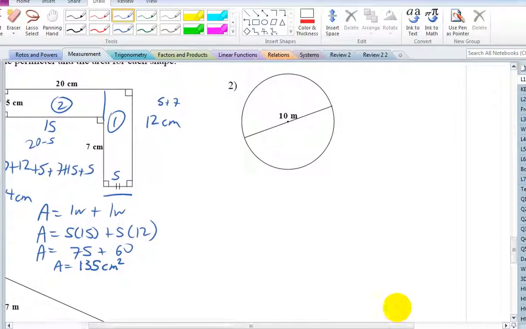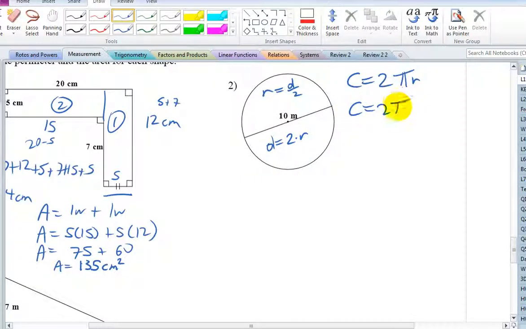Okay. So, next, circumference equals 2 times pi times r. Remember, r equals diameter divided by 2, and the diameter equals 2 times the radius. Okay, those are 2 that you need to know sometimes. I'd write them down there. So here, circumference equals 2 times pi times 5. C equals 10 pi.